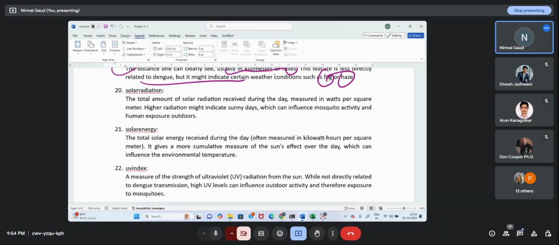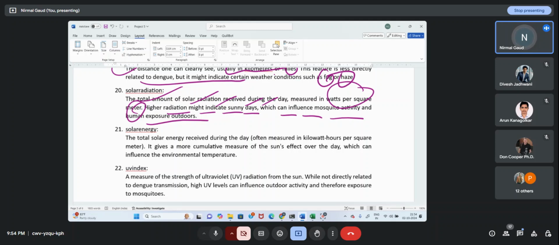Solar radiation, amount of solar radiation received during that particular day, like watts per square meter. Higher radiation may indicate a sunny day, which can influence mosquito activity and human exposure outdoors. If it's a sunny day, people will come out of their houses and do work.